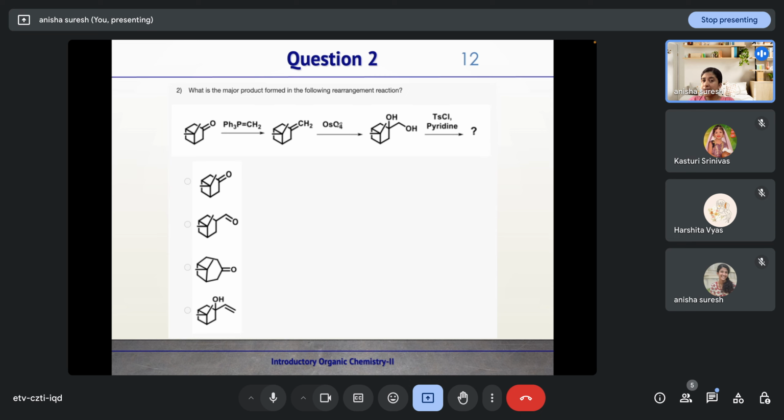Upon treating with osmium tetroxide, it will undergo dihydroxylation, leading to formation of this compound. When we treat with tosyl chloride and pyridine, the primary alcohol will get tosylated, and the product that is forming here will undergo rearrangement. So what will be the final product?